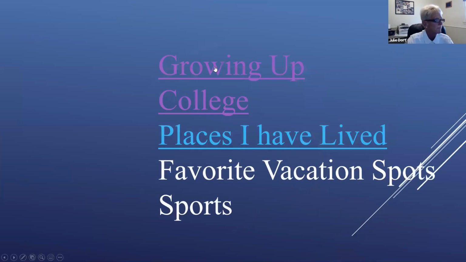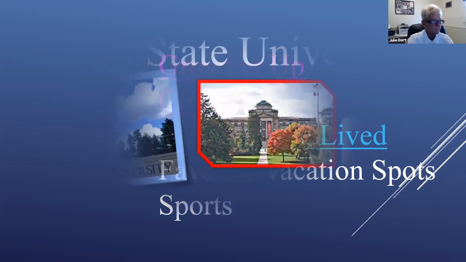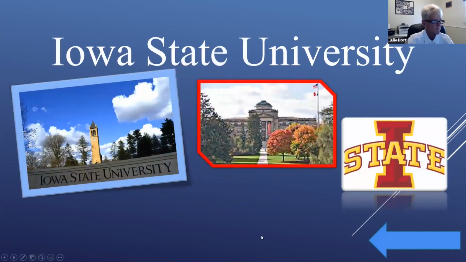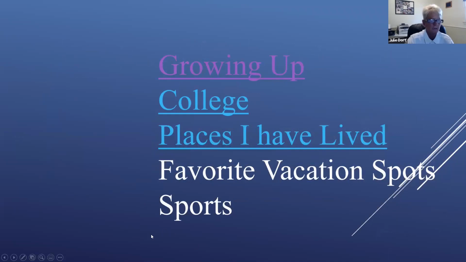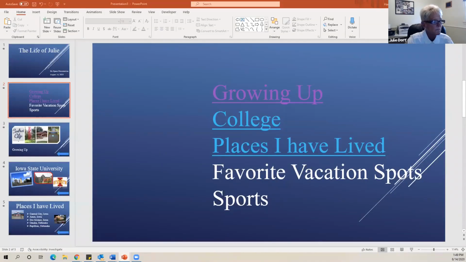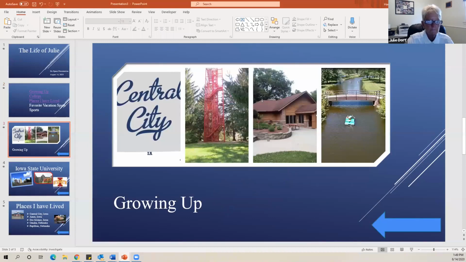Hang on, let me go back. There we go. Now if I click on one of these options, let's say I click on college, and it takes me to the Iowa State University slide. And I can click on the back arrow once I'm done with that slide, and it will take me back to my options, back to my different links. Okay, let's come back to our other screen.